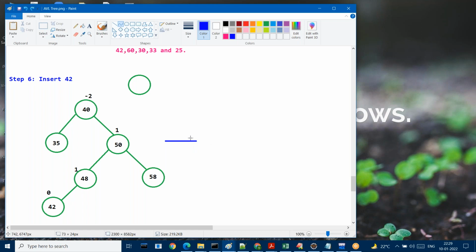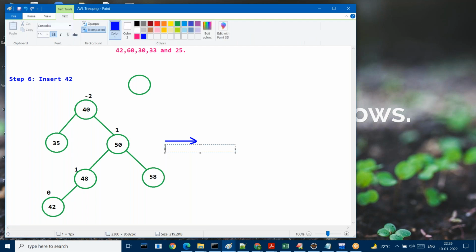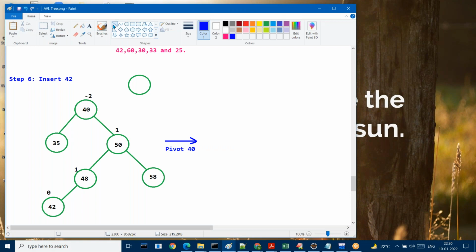Pivot is 40. Now identify where the insertion takes place. Before that, let me write here, pivot 40, sir. Pivot 40. Where does the new insertion take place? Come from the pivot. First, either left child or right child. Pivot's left child or right child.